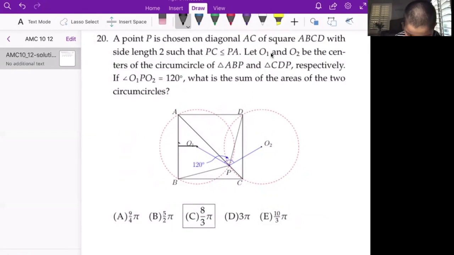This one is a perpendicular bisector. And then this one is also a perpendicular bisector. And also you can use these.